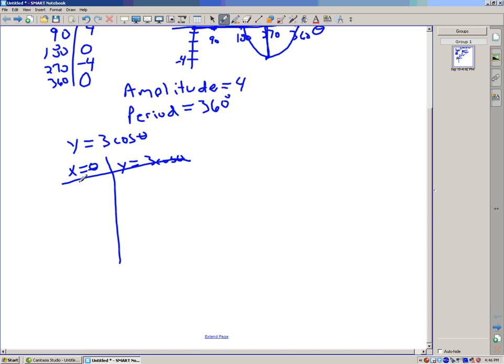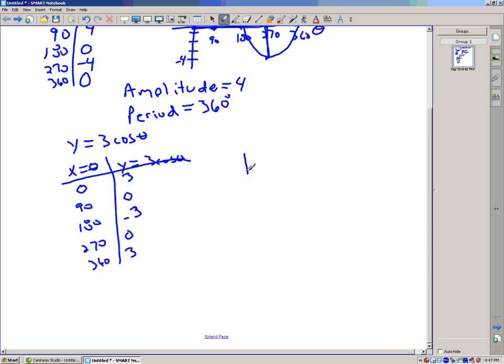So if theta is 0, 90, 180, 270, and 360, let's find 3 cosine of theta. The cosine of 0 is 1 times 3 is 3. Cosine of 90 is 0 times 3 is 0. Cosine of 180 is negative 1 times 3 is negative 3. And cosine of 270 is 0 times 3 is 0. Cosine of 360 is 1 times 3 is 3.